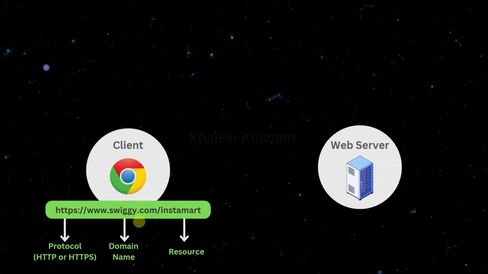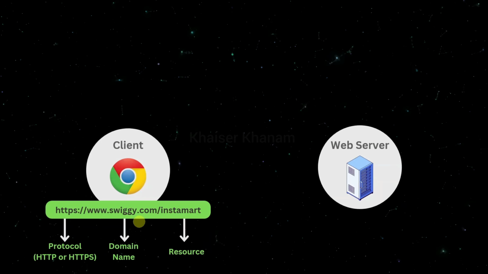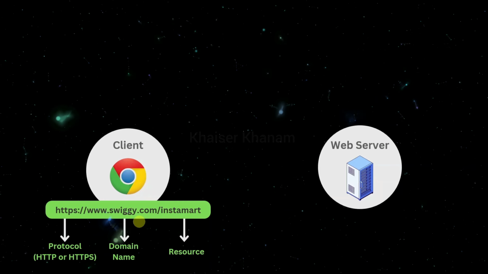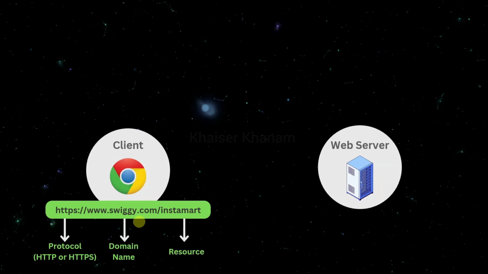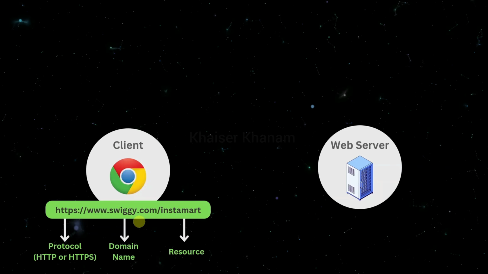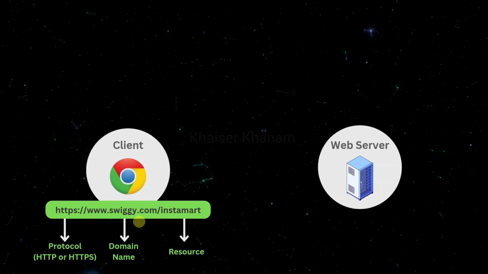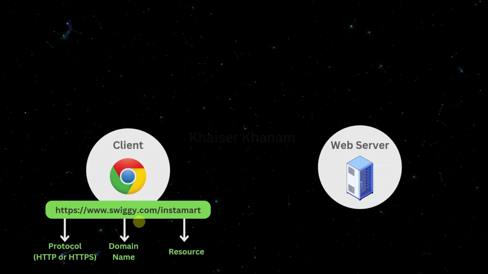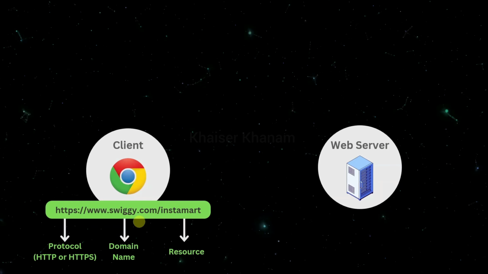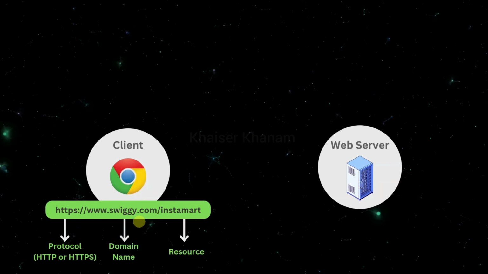And this domain name Swiggy is not the real address of the server which we are trying to access. So basically, domain name is the name which can be easily recognized by the human. So Swiggy can be easily recognized, and whenever we are searching for Swiggy, we can easily type that domain. Instead of remembering all the IP addresses, we are having this domain name.